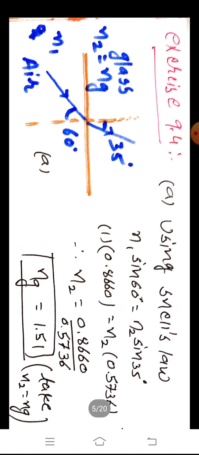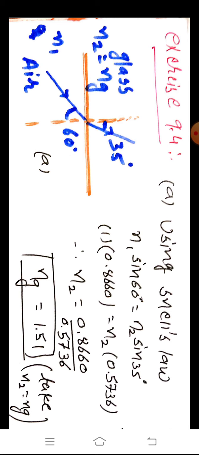That's why in figure A, there is a air glass interface. Just consider refractive index of air eta 1 as a 1 and eta 2 as a eta g. Then using Snell's law, eta 1 sin 60 is equal to eta 2 sin 35 degree.